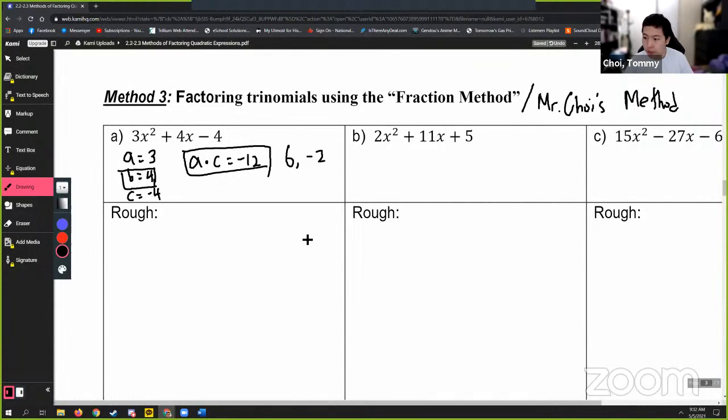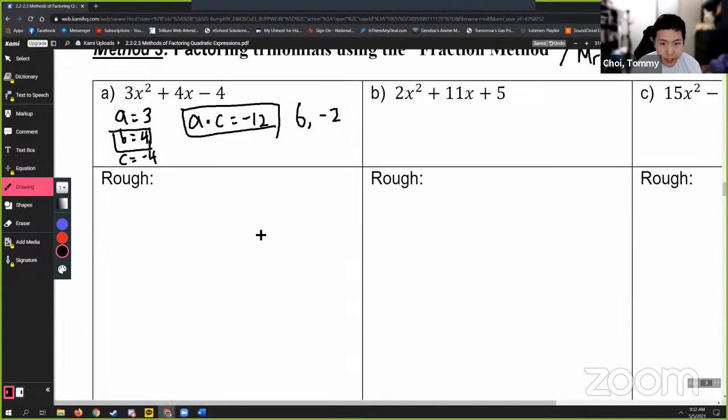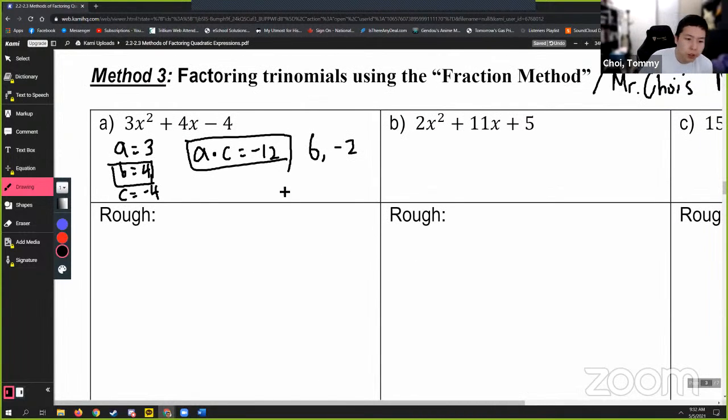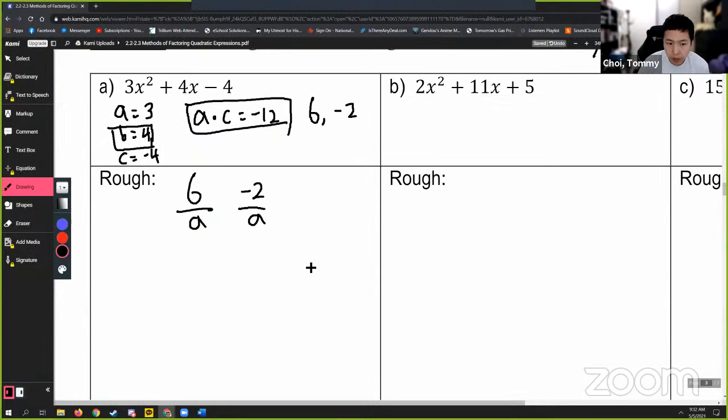The difference, though, here is what you're going to be doing to set it up is you're going to write the two numbers as two separate fractions like this, and you're going to divide it with the A value. So kind of just to show you here on the next step, this would become 6 divided by 3, and then negative 2 divided by 3.